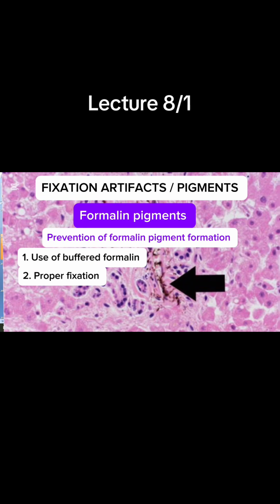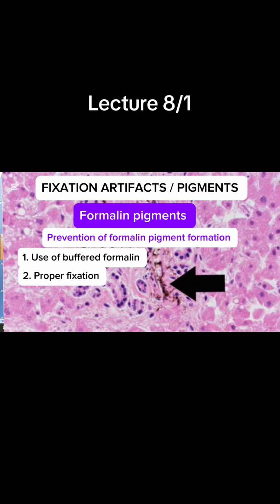If fixation is prolonged, the amount of formic acid increases, making the formalin solution more acidic. Number two, when the pH of the solution drops below 6.0, hemoglobin in red blood cells reacts with the acidic environment to form the formalin pigment.